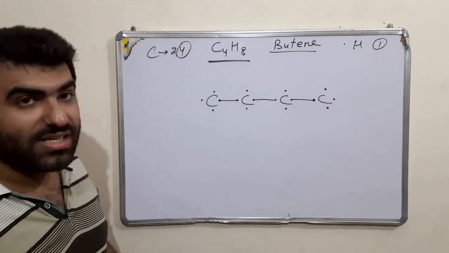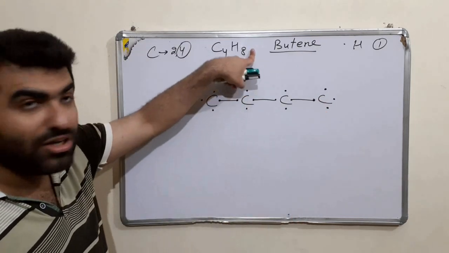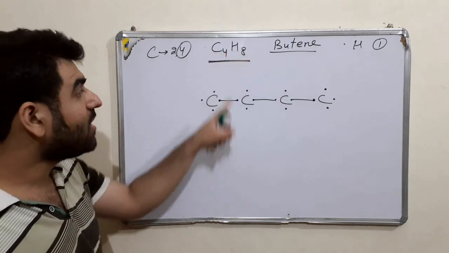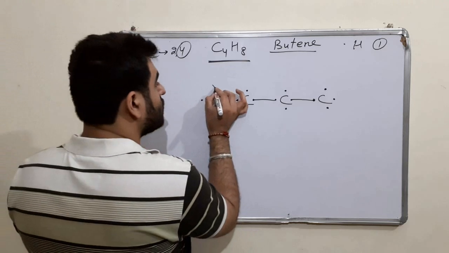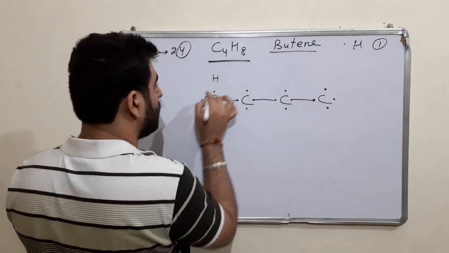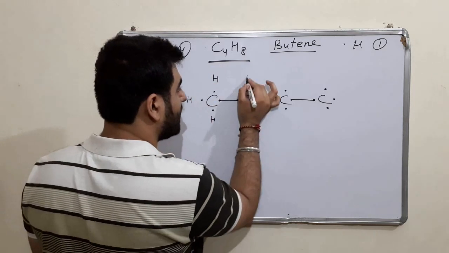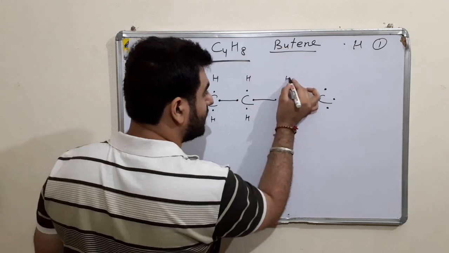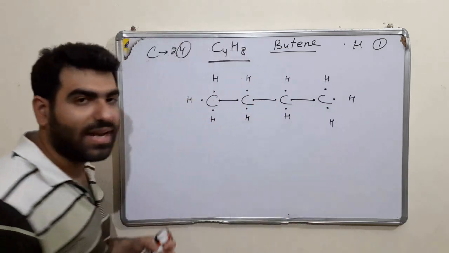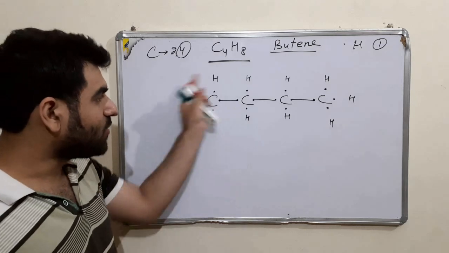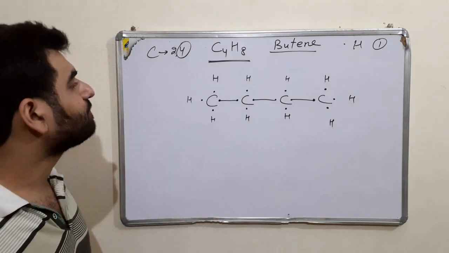Now let us adjust 8. We know that the hydrogens are 8 in number. So let us adjust hydrogen at each of the ends. So at this end is hydrogen, this end hydrogen, this, because hydrogen will have to share 1 electron, and there is 1 electron around each corner.